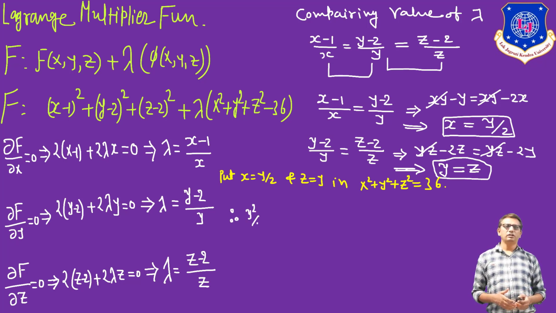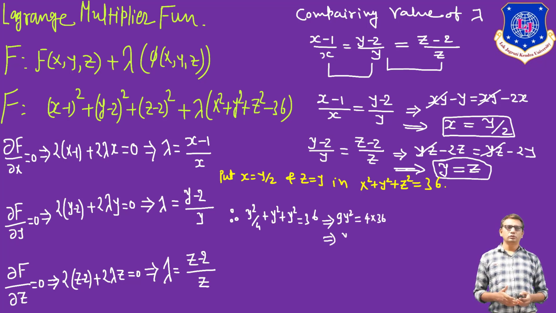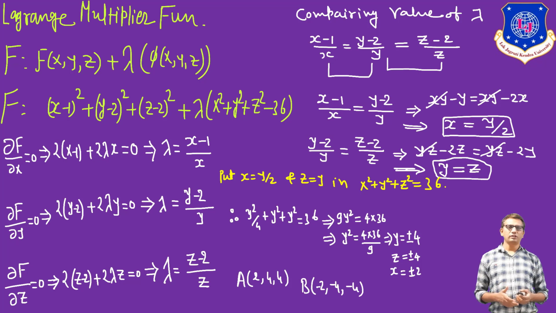After putting these in the condition, we get 9y square equal to 4 into 36. Therefore y square equal to 4 times 36 by 9, that means y equal to plus or minus 4, z is also plus or minus 4 and x is plus or minus 2.